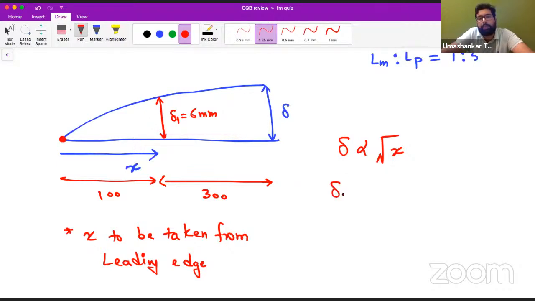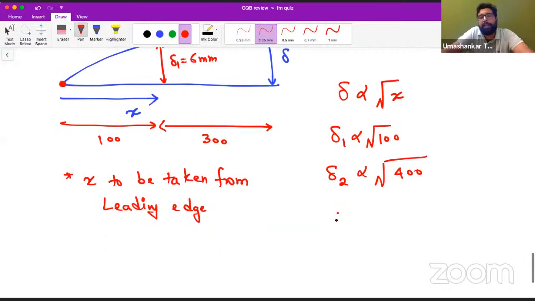Now, in the first case, delta 1 is proportional to root of 100, and delta 1 is given to you as 6 mm. Delta 2 will be proportional to root of 400. Getting my point? Root of 400.